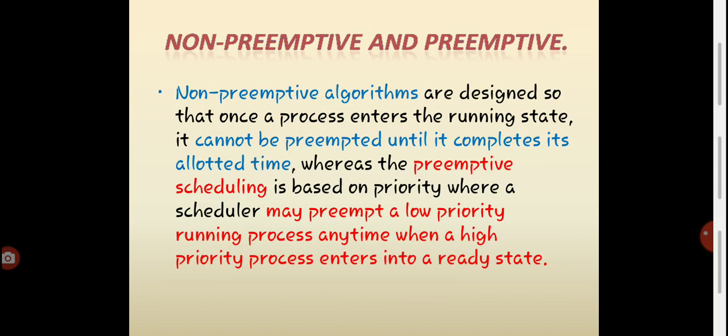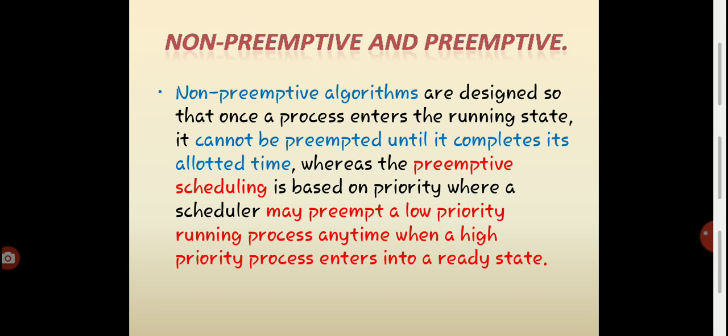Now, non-preemptive and preemptive scheduling. We studied these two things, but here we see what non-preemptive is and what preemptive is. Non-preemptive algorithms are designed such that when a process enters the running state, it cannot be preempted.